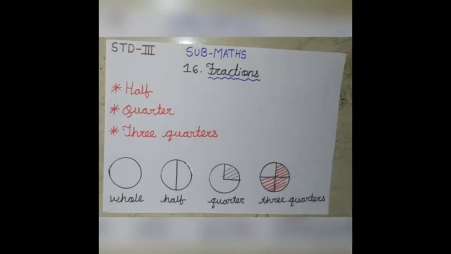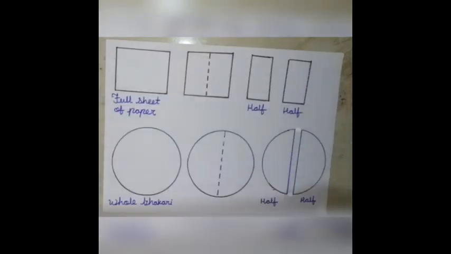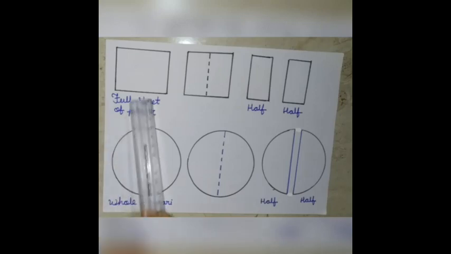Students, now we will see a few more examples of half, a quarter and 3/4. Students, Sonu has a large sheet of paper, but Sonu and Selma both want to draw a picture.